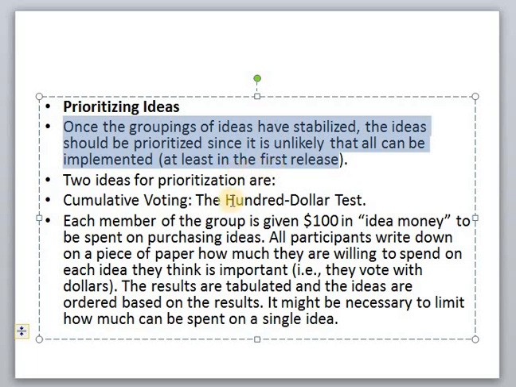So after grouping of ideas, as we studied in the previous lecture, we have to group the ideas which will be relevant.